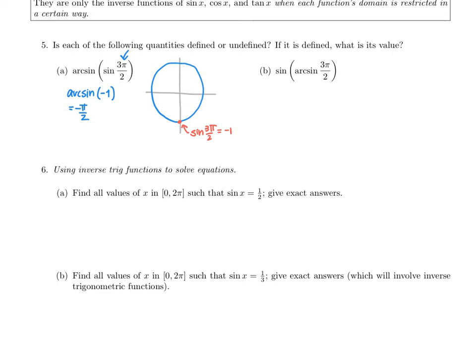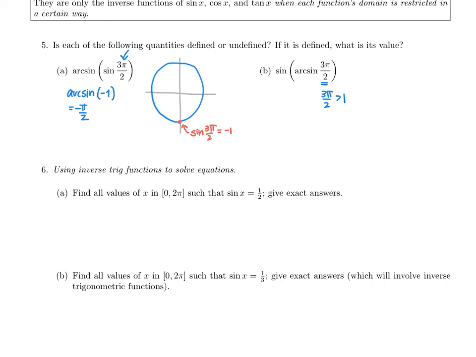Because what happens over here? Sine of arcsine of 3 pi over 2. What is arcsine of 3 pi over 2? What do you think? Remember that this is a sine value that's fed to arcsine, and this 3 pi over 2 is greater than 1. So this isn't even a possible sine value. Arcsine of 3 pi over 2 says, which angle from negative pi over 2 to positive pi over 2 has a sine value of 3 pi over 2?